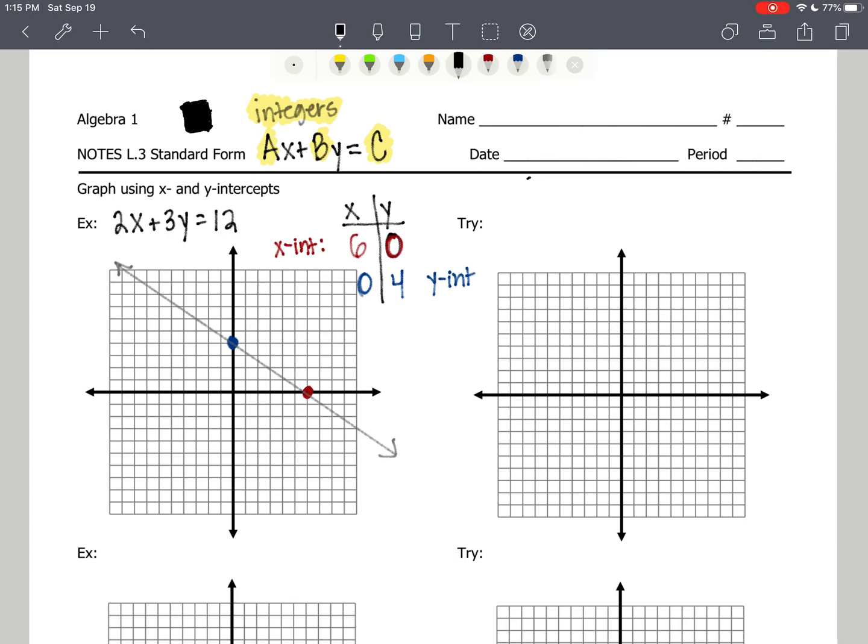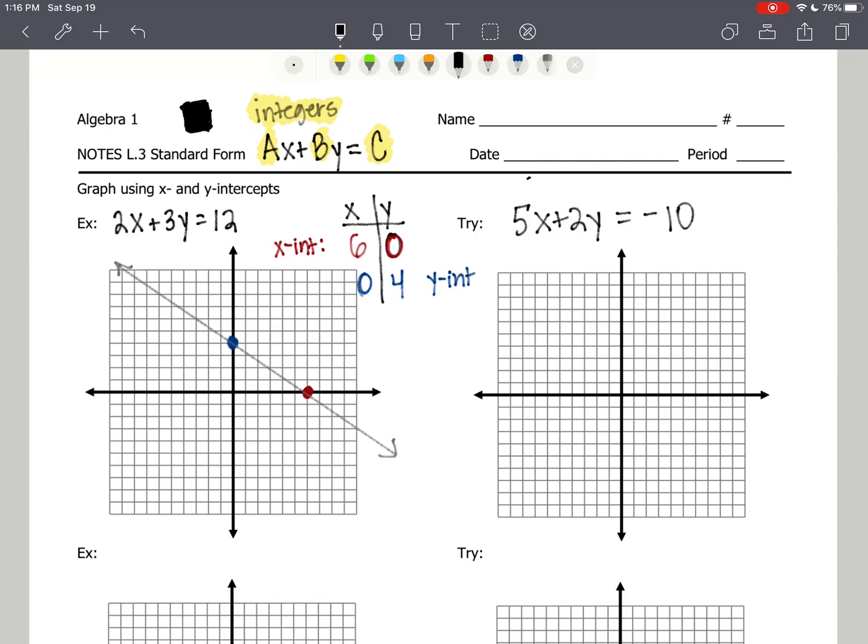Here's one for you to try: 5x plus 2y equals -10 using x and y intercepts. Go ahead and press pause, try it, and then I'll come back with an answer. Okay, I'm back. If you don't want to reveal the answer, make sure you press pause.